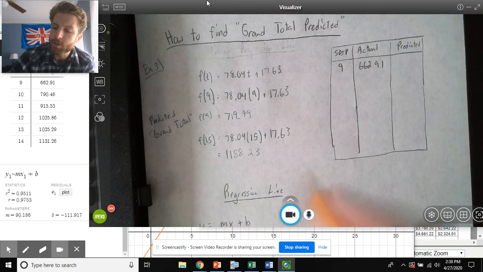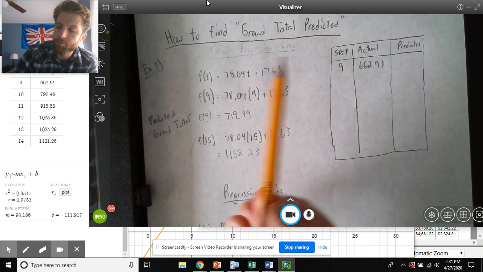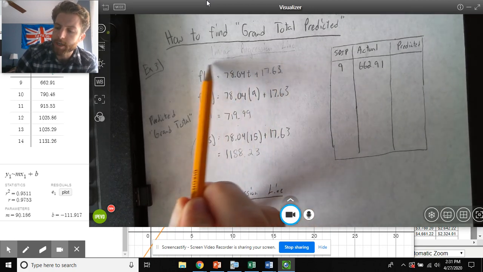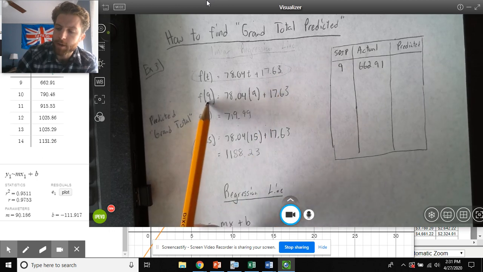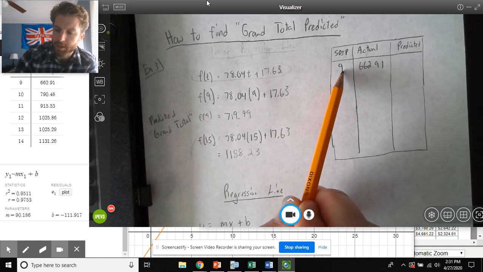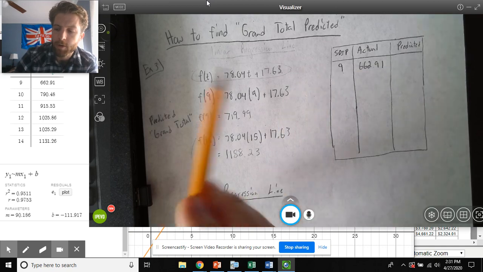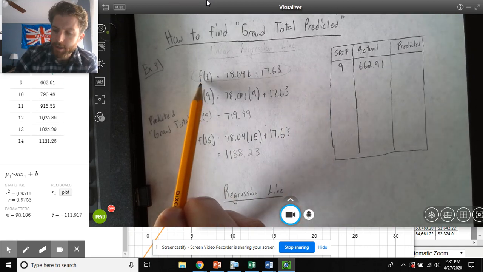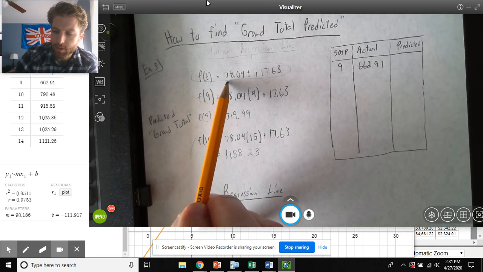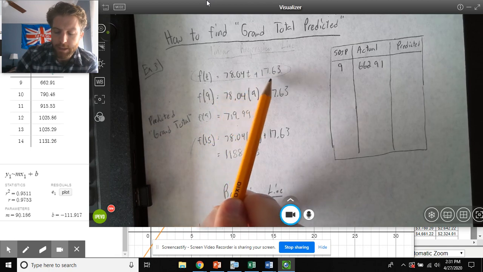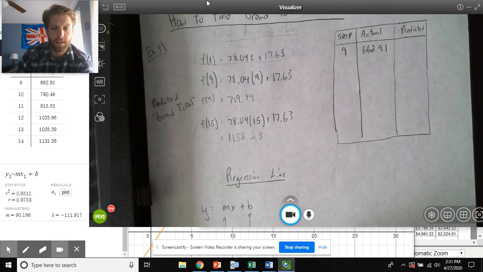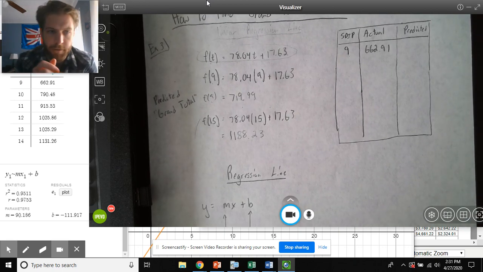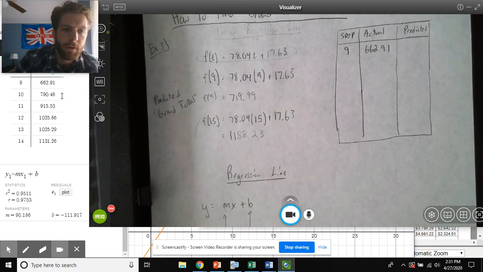Now we need to use this linear regression line here, this equation, and then plug in our input value, which ends up being our SDIP level. So the question is, how did I get this equation? f(t) equals 78.04t plus 17.63. Your values are not going to be the same as this because I only plugged in the first 6 values from the table.